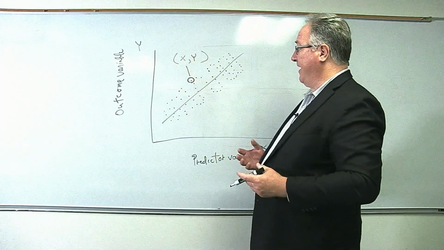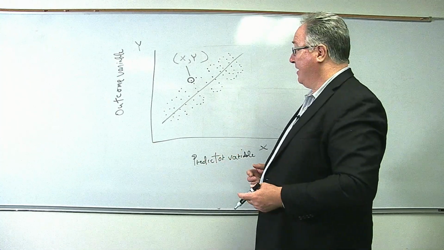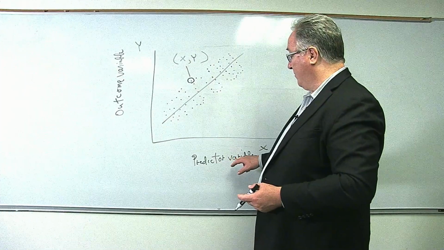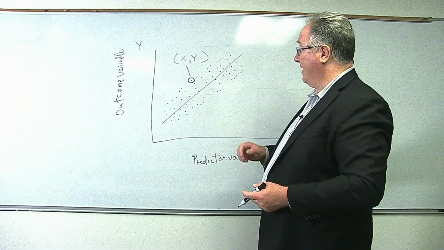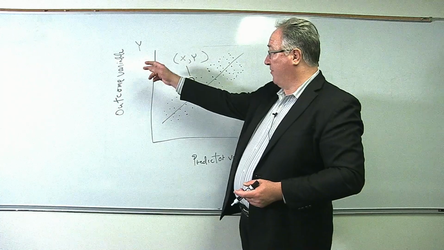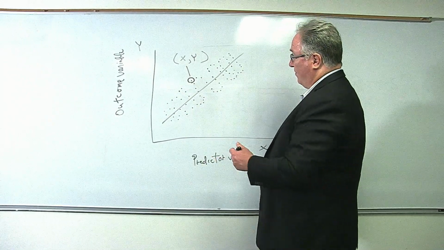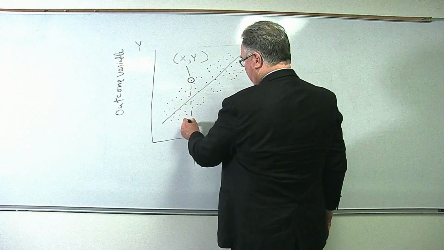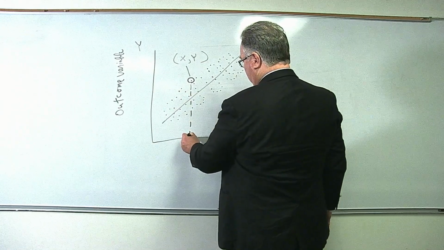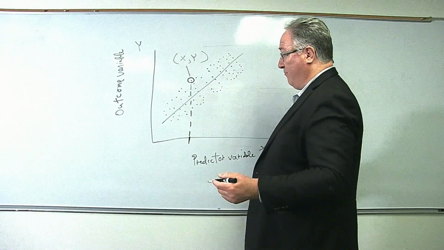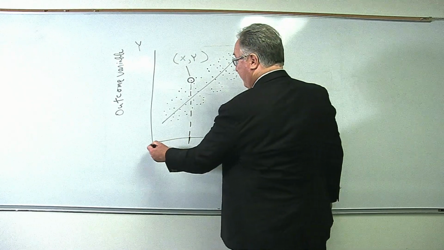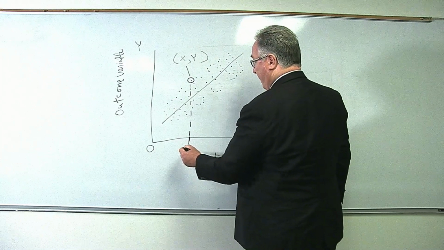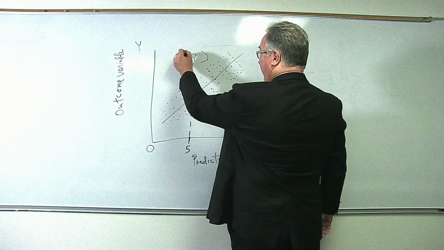It represents a combination of an observed value on the predictor variable and an observed value on the outcome variable. Here is the observed value on the predictor variable, whatever that value may be. If we're at 0 here, perhaps that observed value is 5.